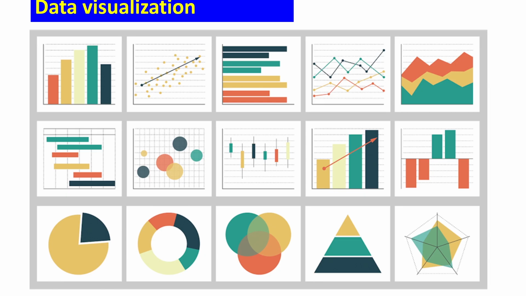First, this is called a scatter chart. This is called a bubble chart, and this is a line graph. You can always do line graphs.